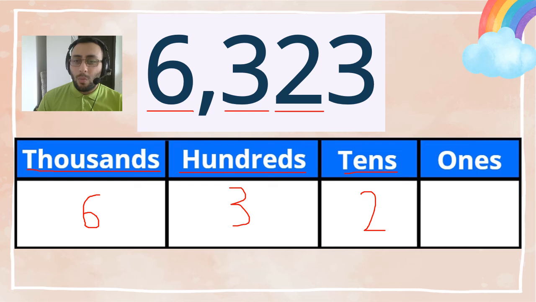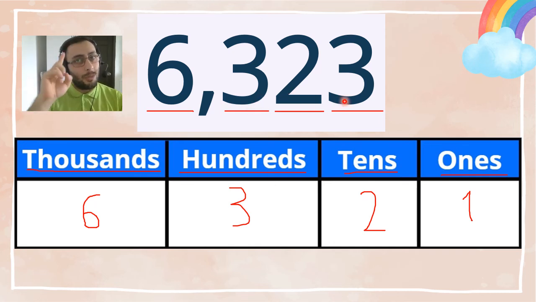How many ones do we have? We have 3 ones. So now we can read this number together, okay? So let's go. 6,323.